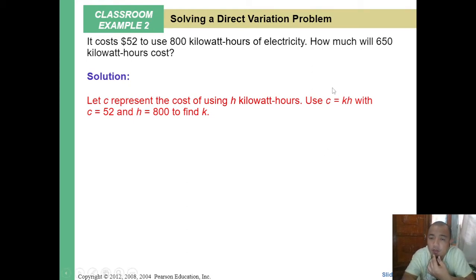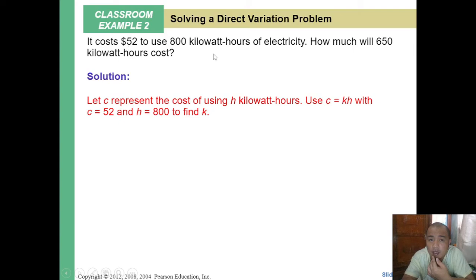So our equation of variation is C equals kH, right? C varies directly as the kilowatt hours of electricity. To solve for k, just divide C by H.